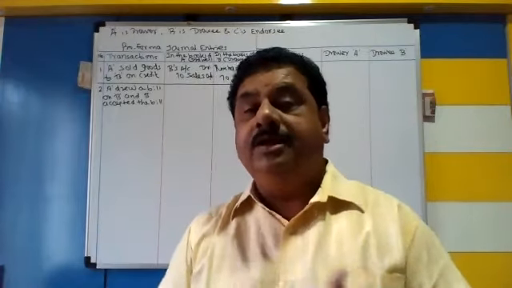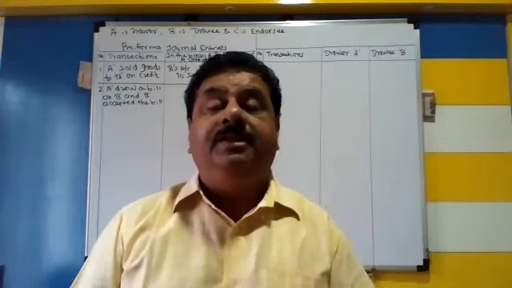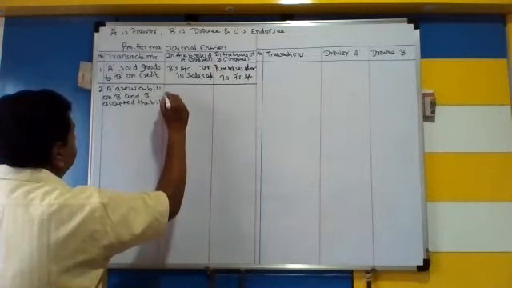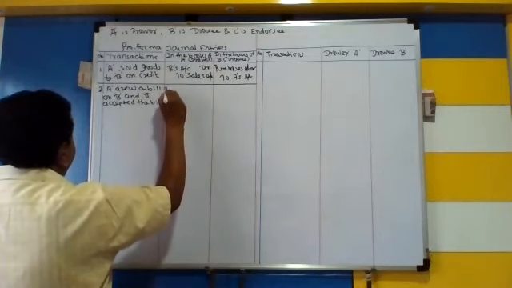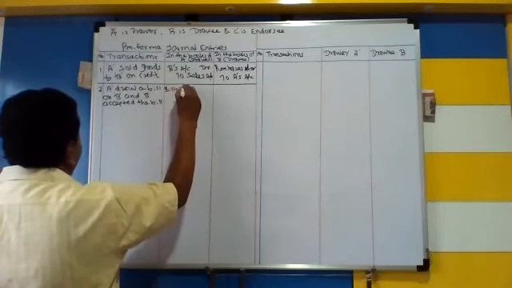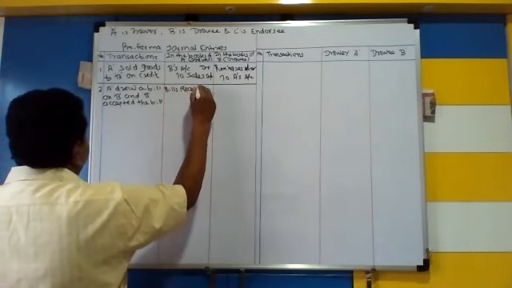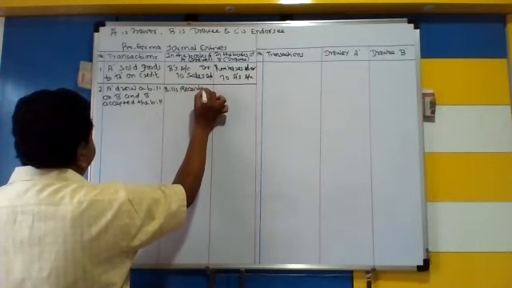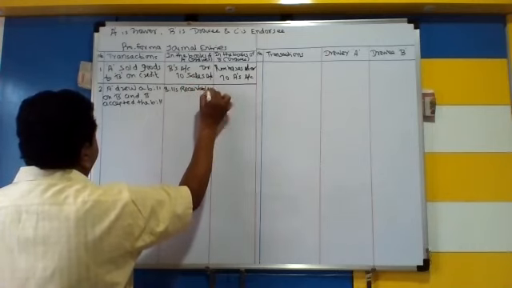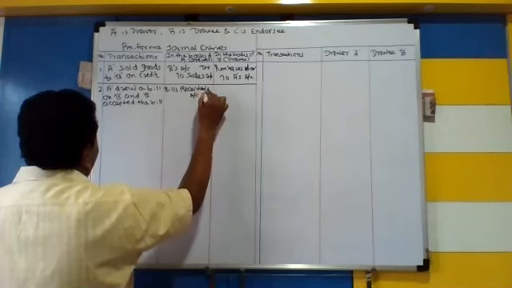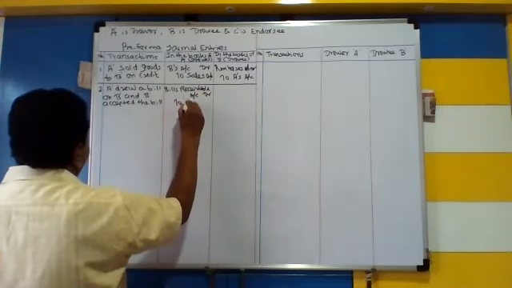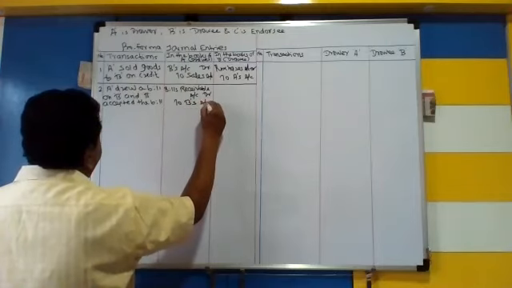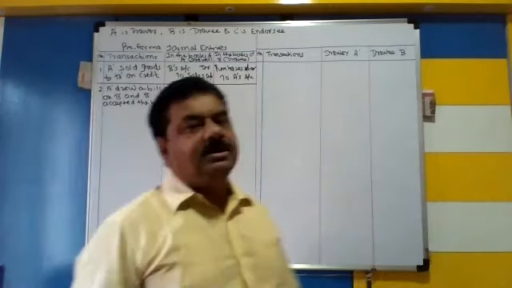Okay, I told you that for drawer it is bills receivable, for drawee it is bills payable. Accordingly, the journal entry in the books of A is bills receivable account debit to B's account.